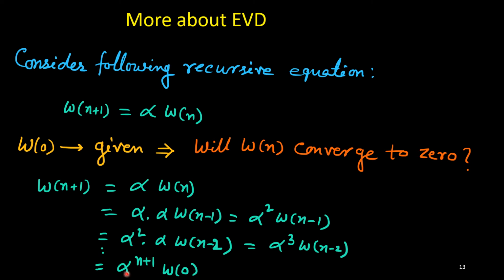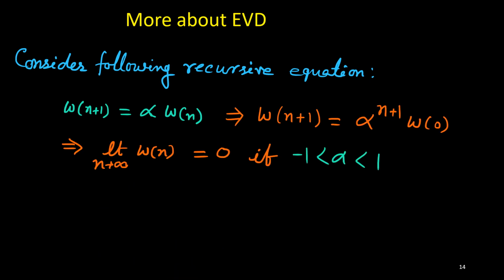So the relation we are getting is that W of n plus 1 equals alpha to the power n plus 1 times W of 0.